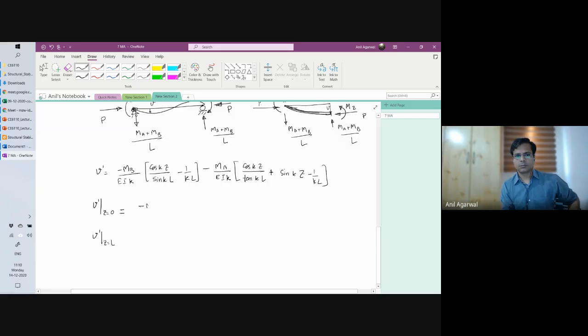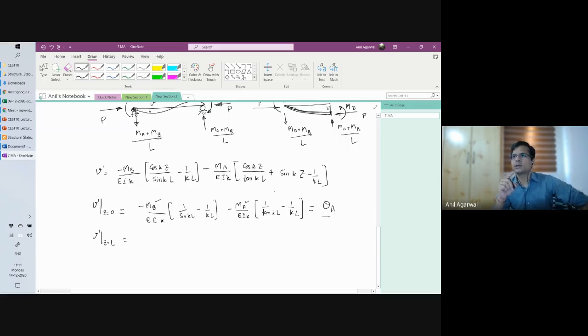I get minus MB divided by EIK, times 1 by sine KL minus 1 by KL, minus MA divided by EIK, times 1 by tan KL minus 1 by KL. And that is nothing but, what do we call it? Theta A. So I've got the value of theta A as a function of MA and MB. You agree?